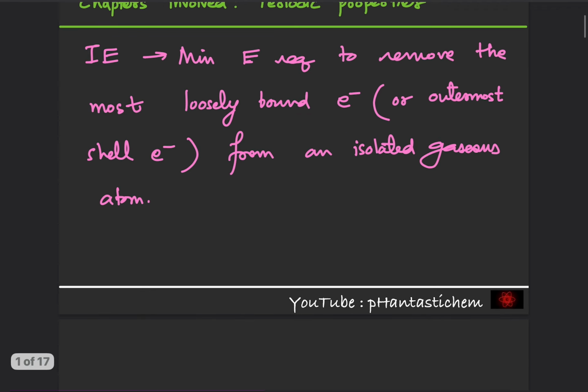This is the definition of ionization enthalpy, and it is also known as ionization energy, or sometimes first ionization energy, since we are removing the electron from a gaseous atom.